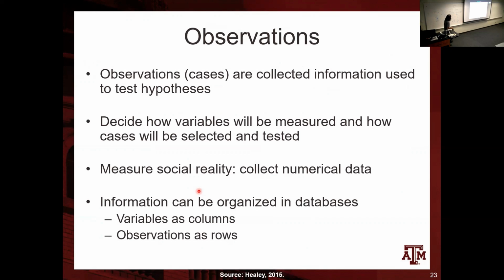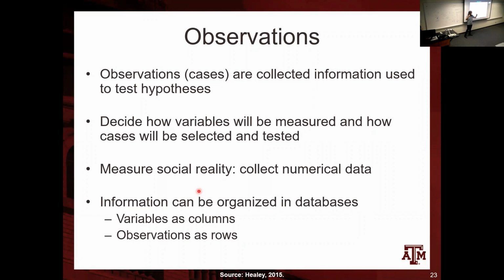Observations, like I said before, are collected information used to test hypotheses. We decide how variables will be measured based on what the unit of analysis is going to be. I'm trying to measure social reality, and usually in this kind of analysis, we collect numerical data. All sorts of information here that we collect.